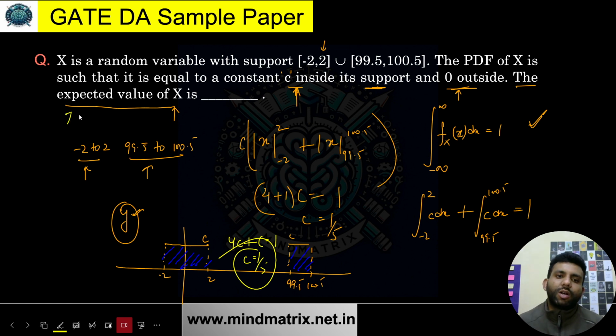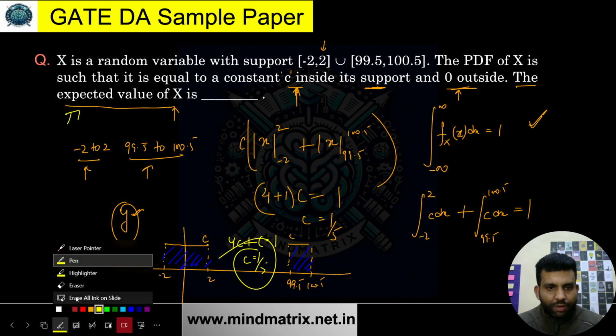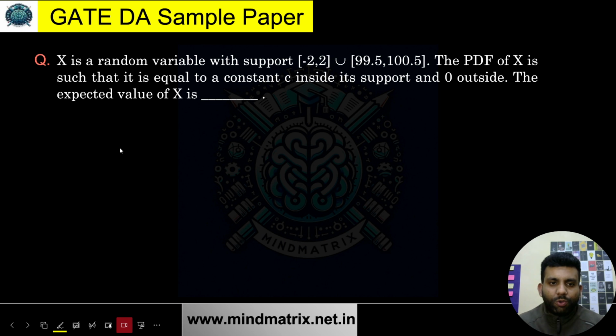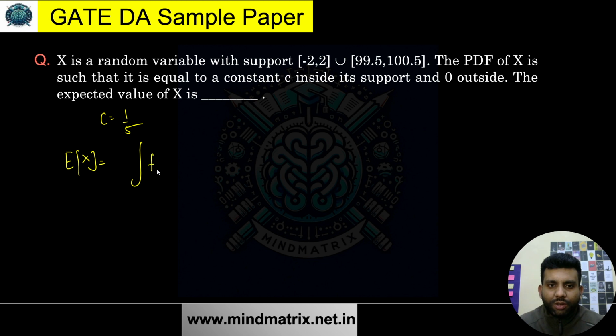Now it will help me in finding out the expected value of x. Okay, so I'll just erase everything now. So I know over here that c equals 1 by 5. Now what is the expected value of x? It is going to be nothing but, I hope you know this again, the density function into x dx.